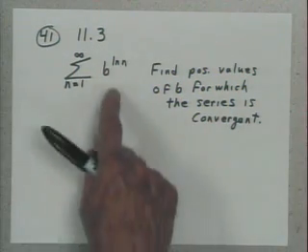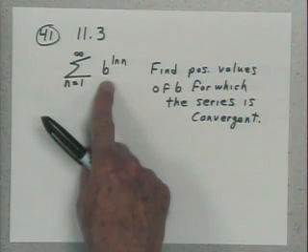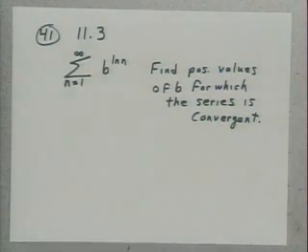So I guess they're saying if you pick b to be the right kind of positive number, you can actually get a series that converges, but if you don't pick it right, it'll diverge.